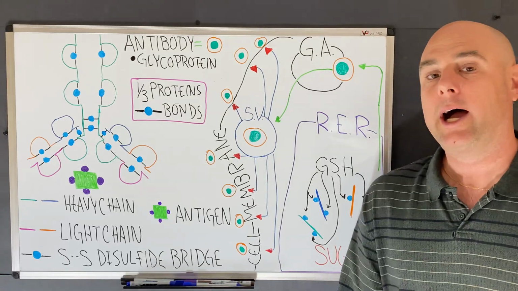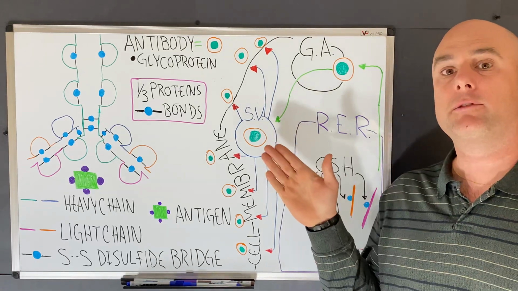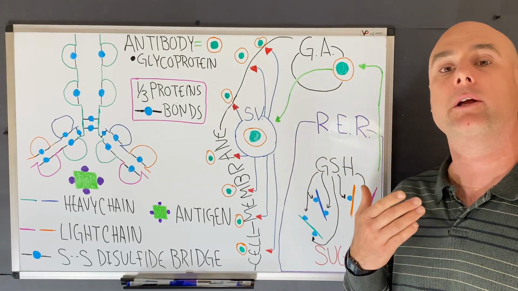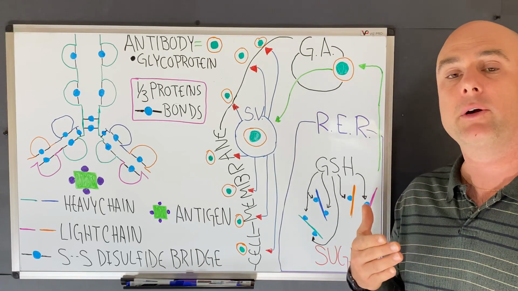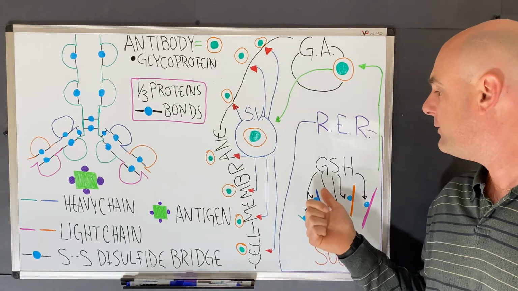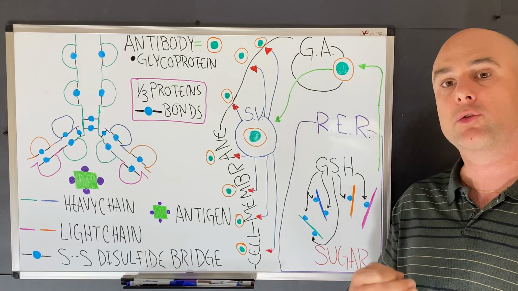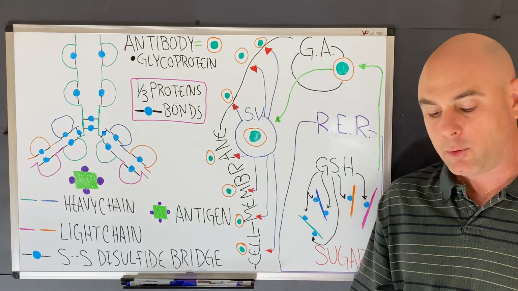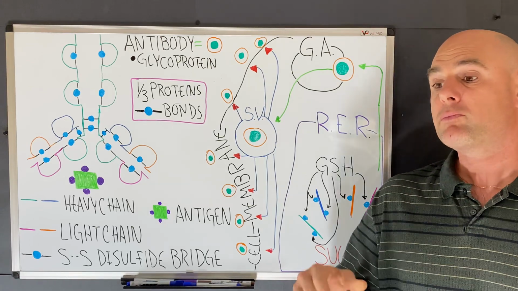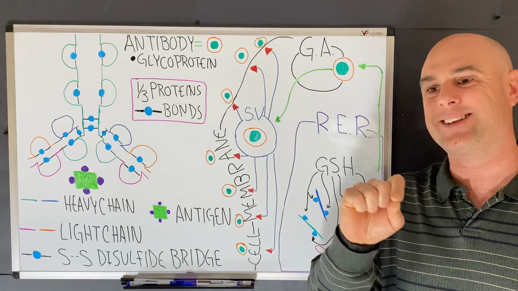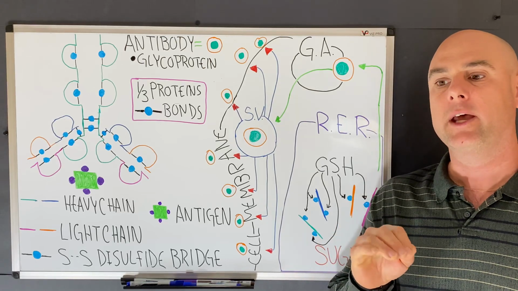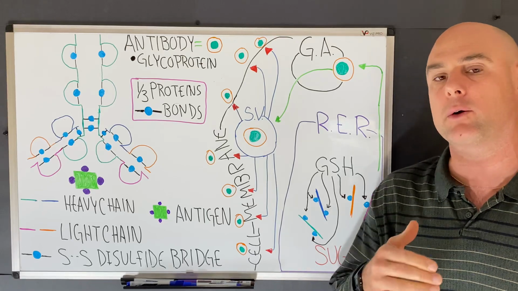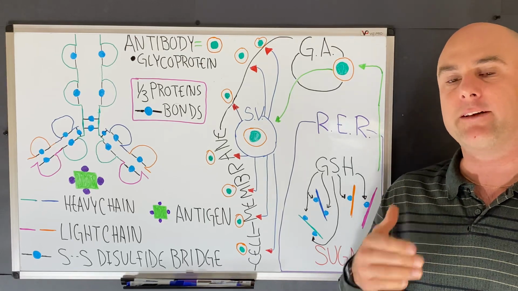Okay, so I've shown you an example of disulfide bridges and how critical they are in regards to these glycoproteins, antibodies. I've shown you that glutathione is critical for helping to form these disulfide bridges. So how do we raise our glutathione levels? Well, glutathione is synthesized inside the cell, which means that supplementing with glutathione really doesn't raise your glutathione levels to any appreciable level.